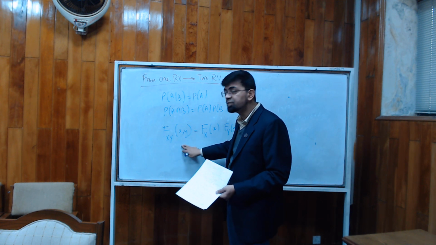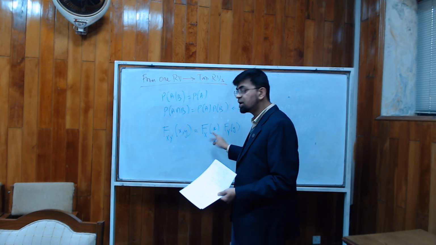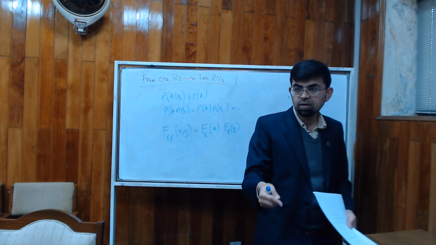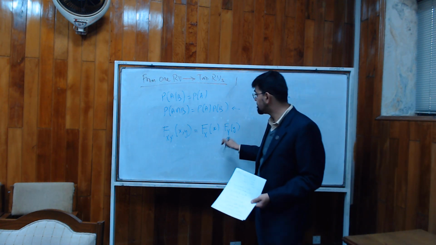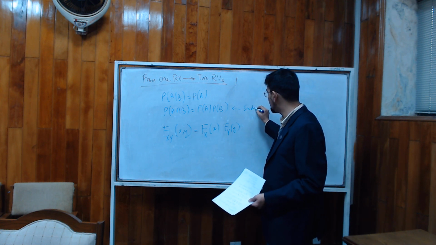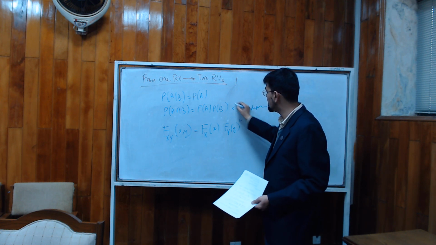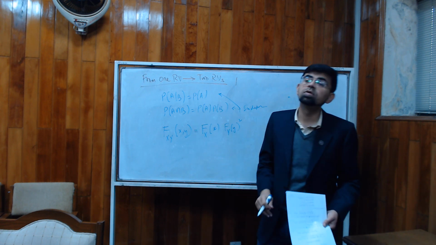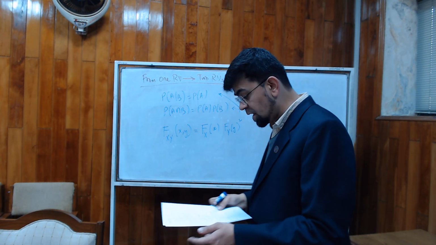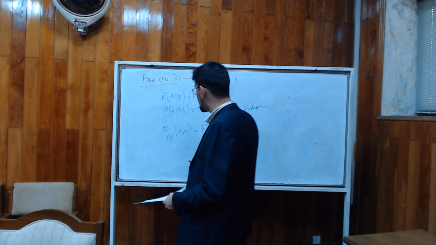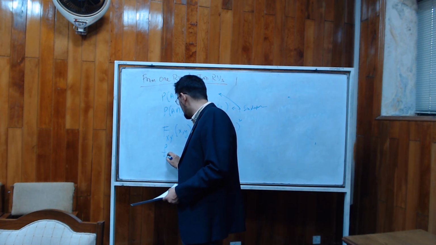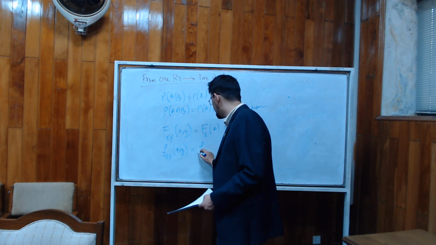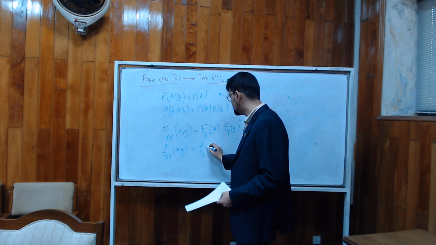That is, their joint one is actually a simple product of their individual cumulatives. Then this was independent. This was for events, this is for two random variables. It's not limited to here. You can also test this from f x y, x comma y being separable. All of them are equivalent.